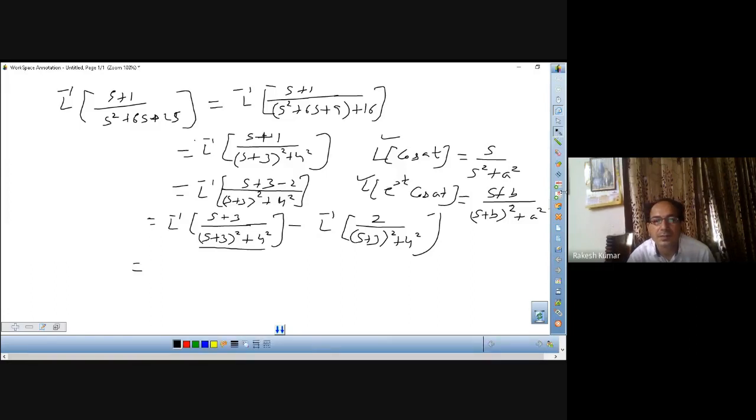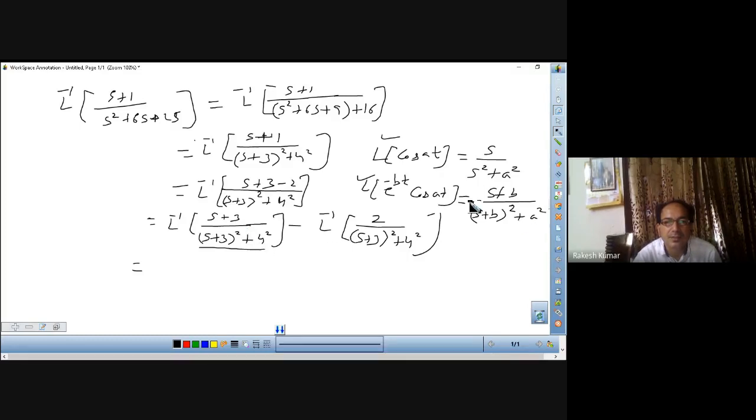So this is negative b, because in our question there is a positive sign in the numerator and denominator as well. So in place of b we have 3, and in place of a we have 4.